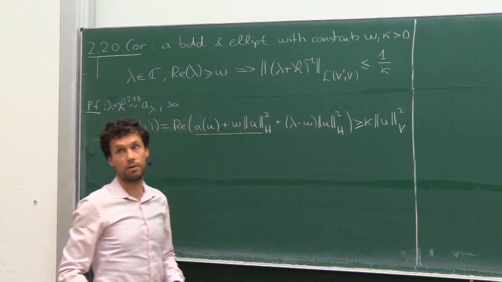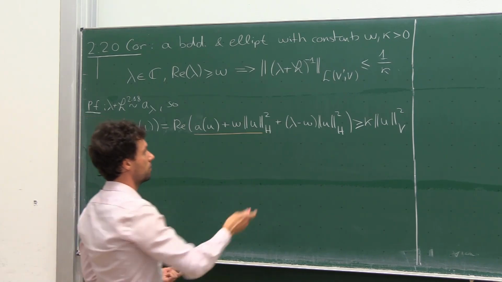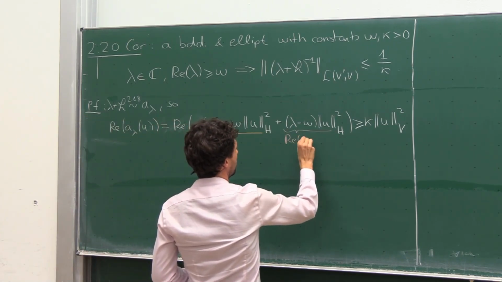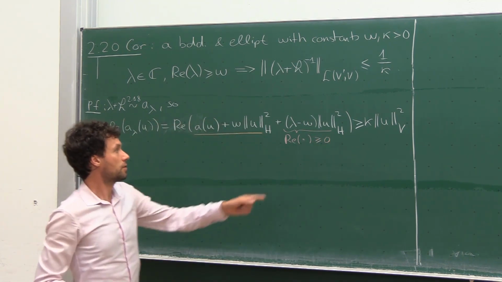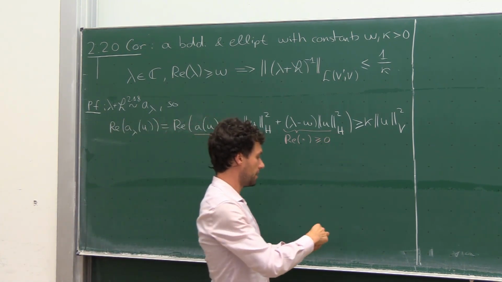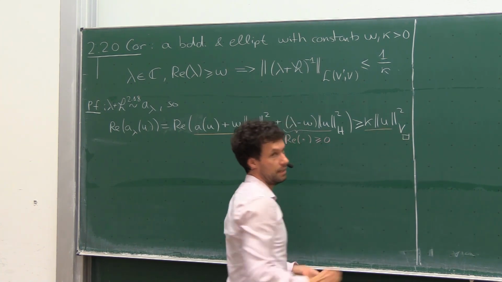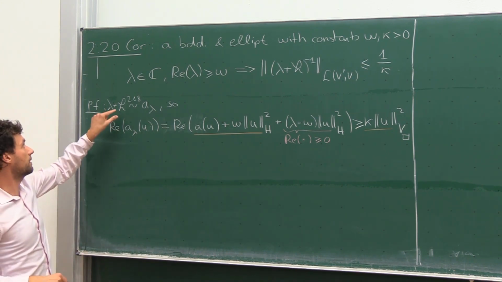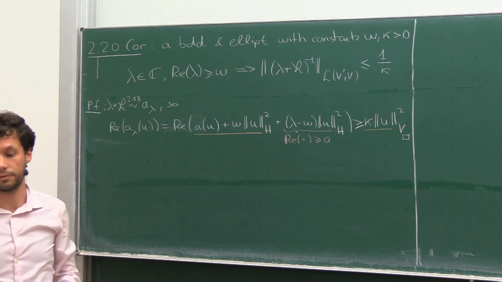Lambda minus omega in real part is also positive. Okay, so the real part of this guy is positive. So the estimate as it stands is correct, and it proves the coercivity of A lambda. And then the Lax-Milgram lemma tells you that the associated operator is an isomorphism with this norm bound.